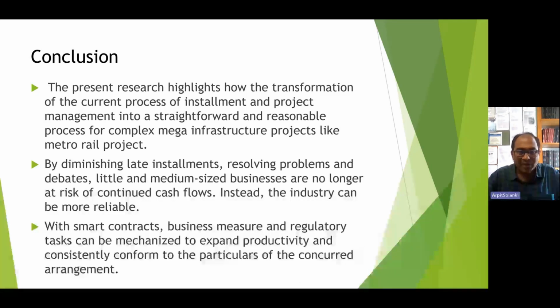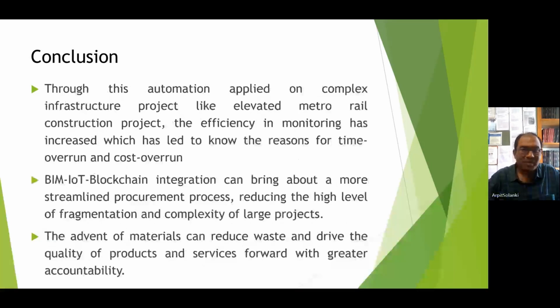With smart contracts, business measures and regulatory tasks can be automated to expand productivity and consistently conform to the particulars of the contract arrangement. Through this automation applied on a complex infrastructure project like the elevated rail construction project, the efficiency in monitoring has increased, which has addressed the reasons for the time overrun and cost overrun.